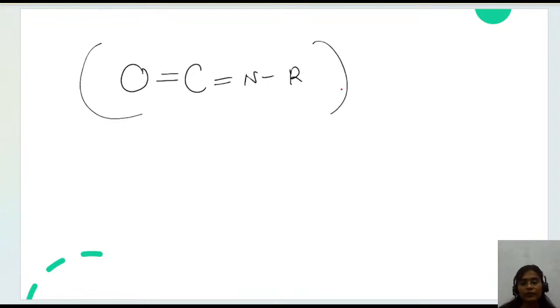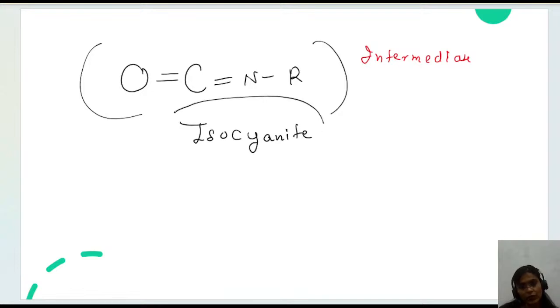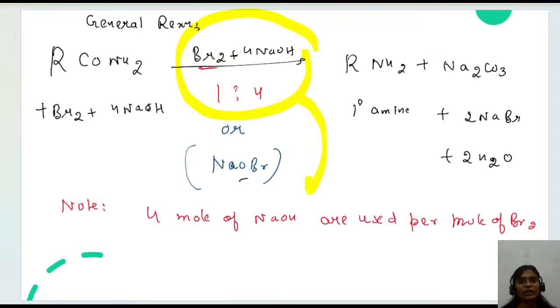This is an isocyanate. The carbon is bonded to O, forms 4 bonds in total, and is attached to N and R. So isocyanate is a common intermediate for all four mechanisms. These are some important points about the Hofmann bromamide degradation reaction.